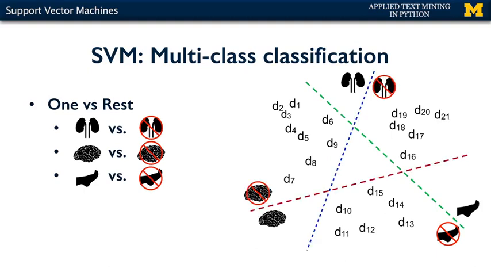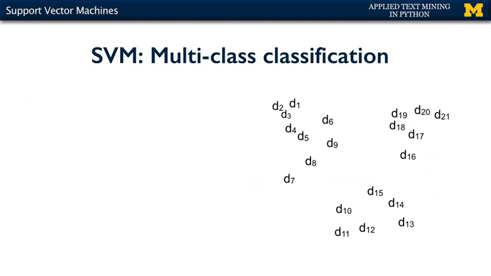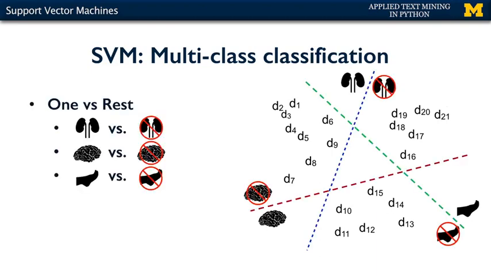So in general, we are learning 3 classifiers, or for an n class setup, we are learning n classifiers, such that all the points in one region, let's take the region as D9, D16 to D21, it's going to be not nephrology, yes on podiatry, and what's the other one? Yes, it's not neurology. So it's not neurology, it's not nephrology, and it's podiatry. So this is going to be podiatry, right?